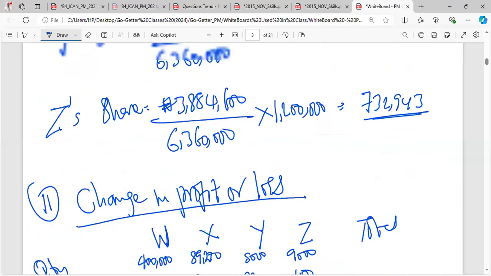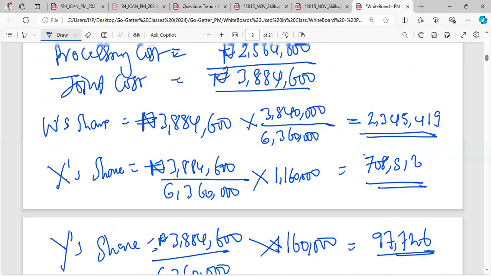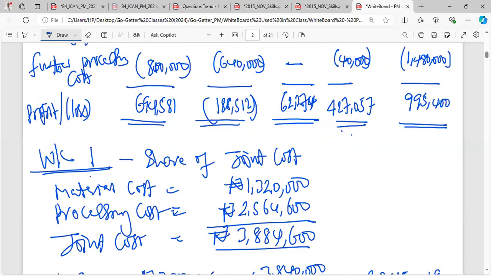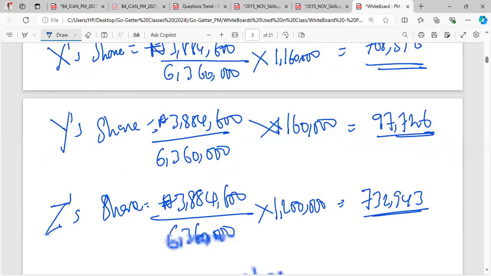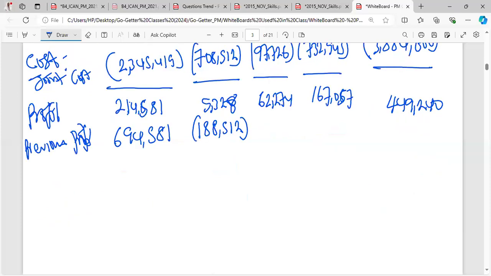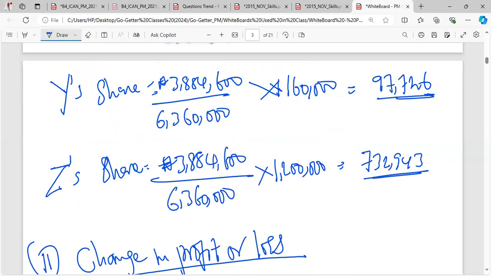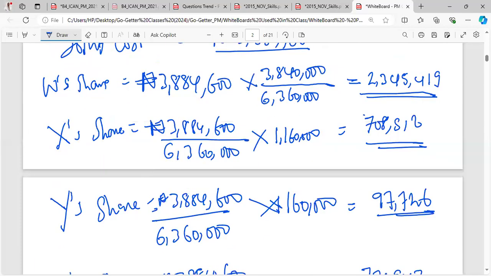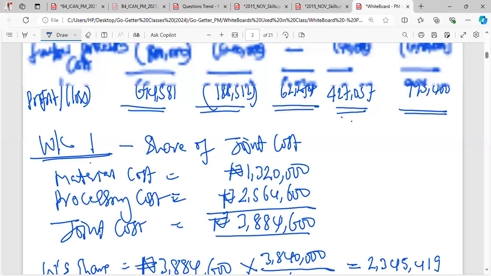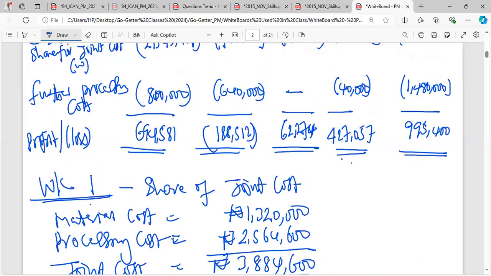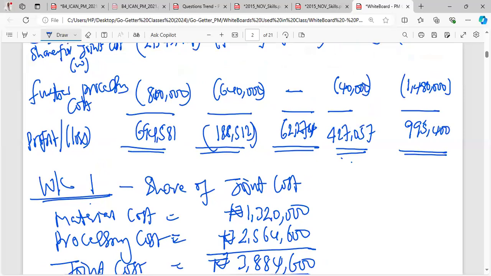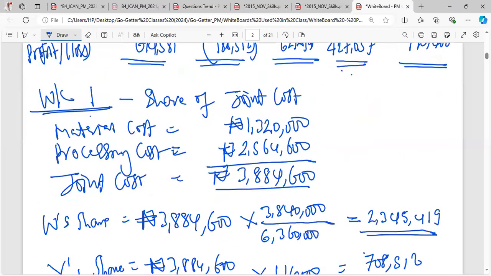The third one, 62,274. I've seen that figure before. Then we have 427,057.